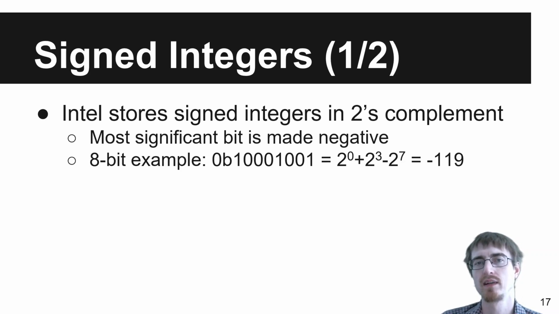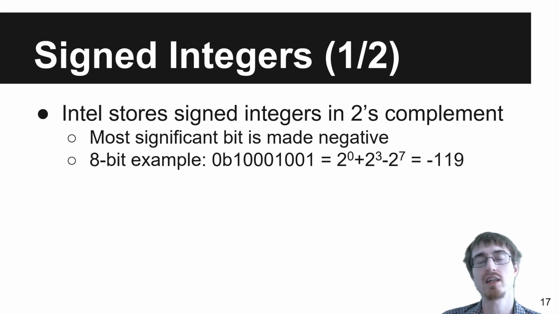To give an example, in 8 bits, we have this number in binary: 10001001. Let's see how we compute this. First we see which bits are in there: bit 0, the least significant bit, bit 3, and also bit 7, which is the most significant bit. Now let's compute the value. 2 to the power 0, which is 1, plus 2 to the power 3, which is 8, minus 2 to the power 7.